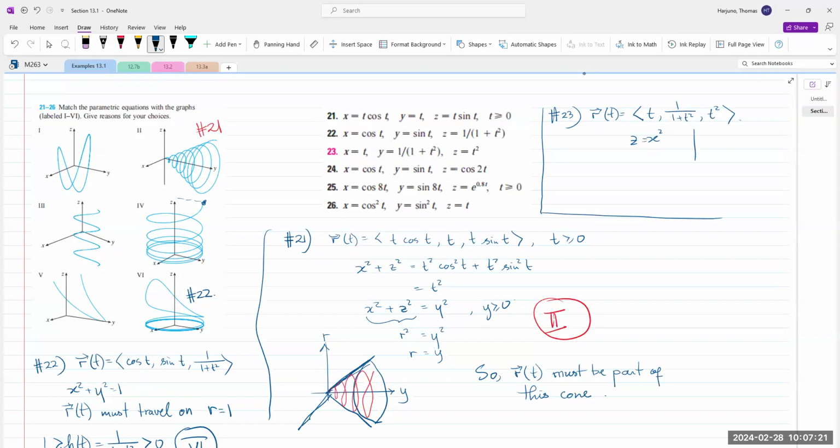So on the left wall, it should look like this. Maybe I should say the xz plane projection. That's what it looks like. So from all these pictures, the one that looks like that is graph number 5.